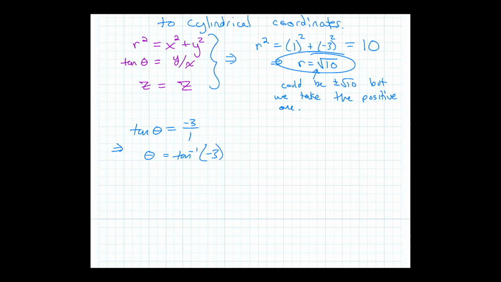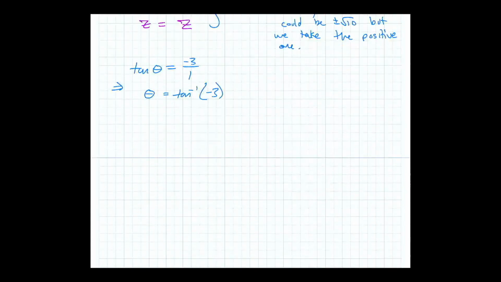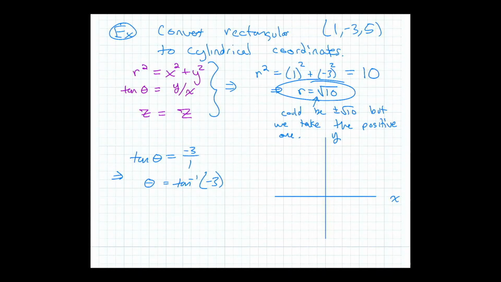Oh, okay. We gotta be a little bit sneaky here. So let's see. What we have to do is really be careful here. So let me draw a set of axes. So if you have X and Y here, and now let's look at our values.